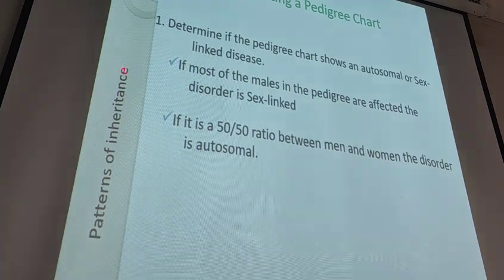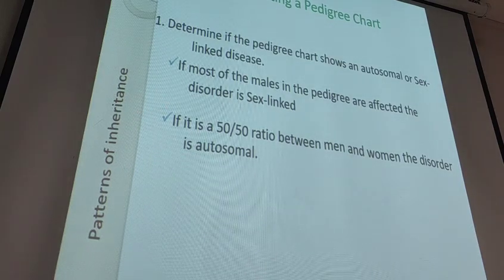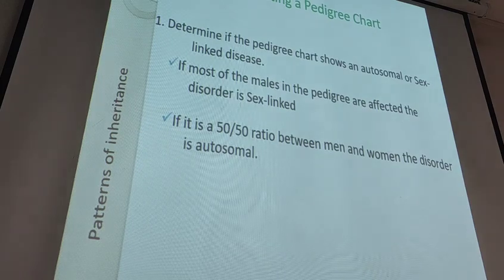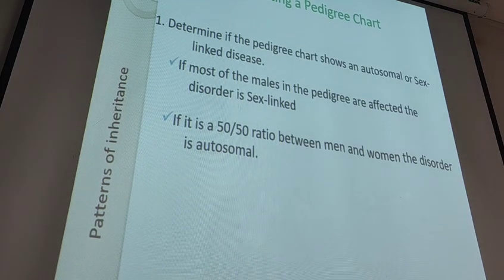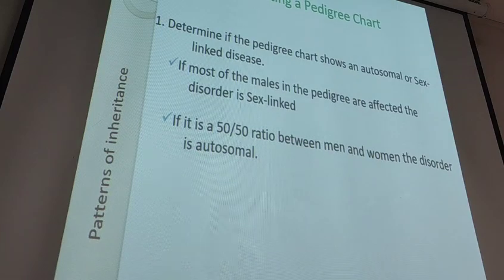If most of the affected in the pedigree are males, the disease is sex-linked. But if both sexes are almost equally affected, we say this is an autosomal disorder, not sex-linked.